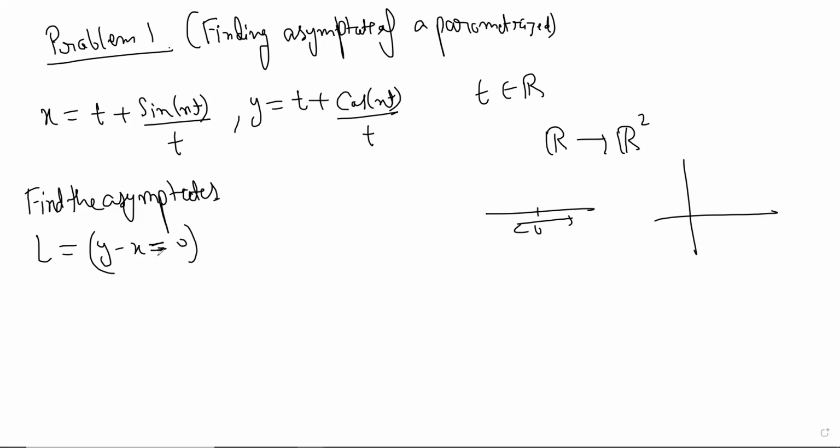So we can just do it algebraically, right? If y equal to mx plus c is an asymptote, then how do we systematically find the m?